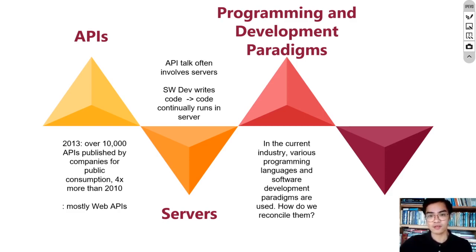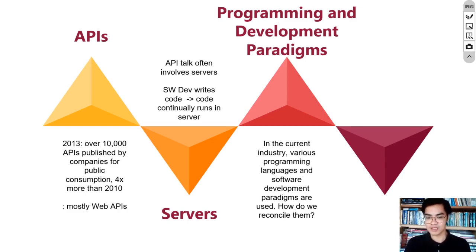And how do you do that? Now, it's really hard if they're written in different languages, right? So you can't just query whatever you want from the other system. So that's where API comes in. No matter how diverse the programming and development paradigms are, your APIs actually bridge those different systems together, right? So that's the main purpose of the API.